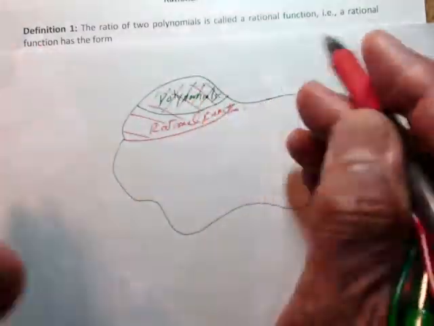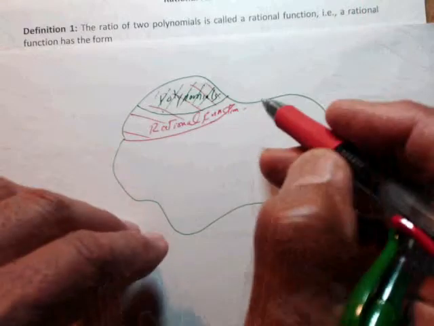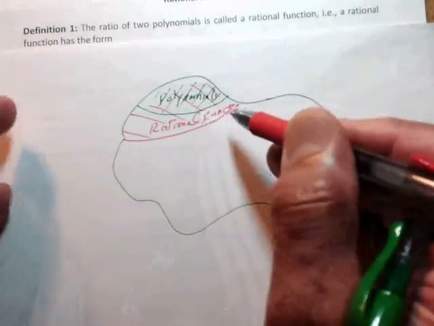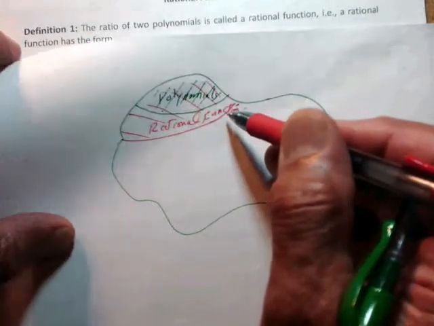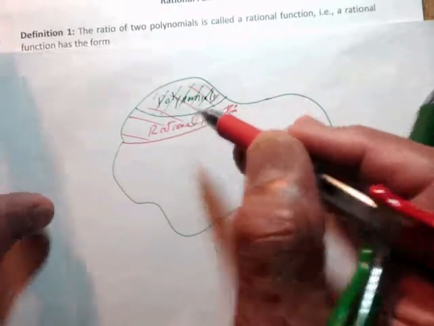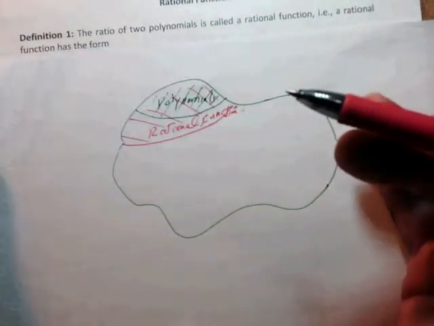As you can see, the rational function family is bigger and contains all the polynomials. So polynomials are part of the rational functions. Rational functions are more general than polynomials.